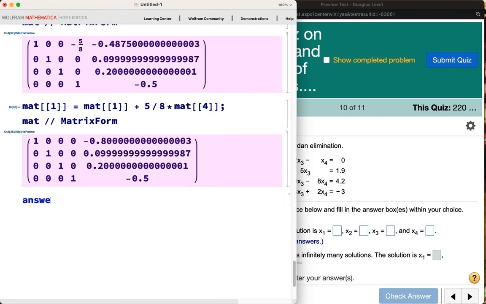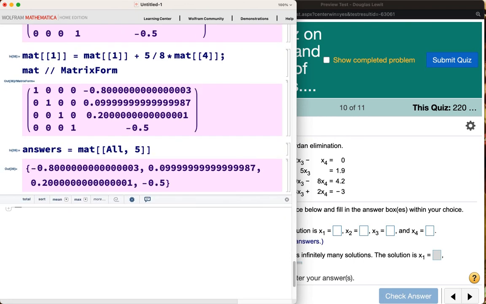So how am I going to do this? All rows, and then I want the fifth column.